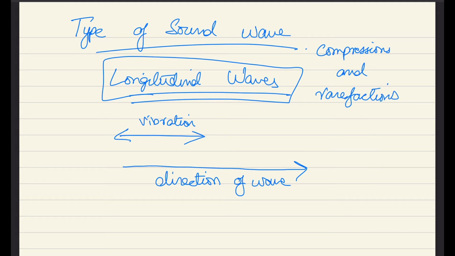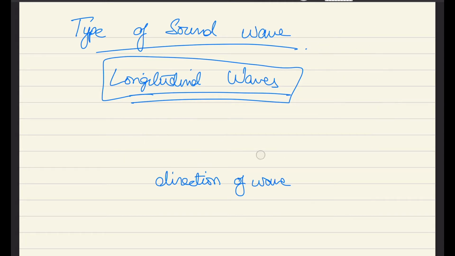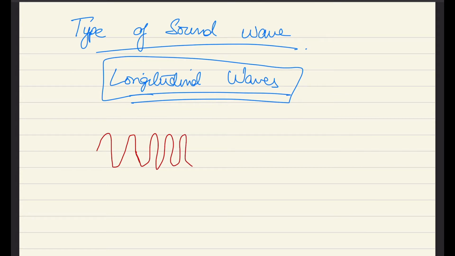Now I'm going to draw a wave over here so that I can show you how the compressions and rarefactions look. Here's the wave. You see the cycles. Some cycles are close to each other, and some cycles are away from each other.